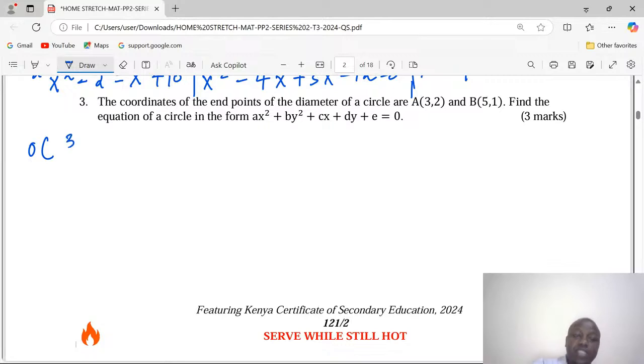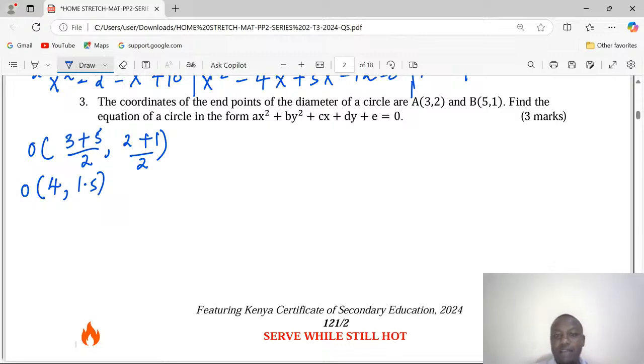We take 3 as the first x, plus 5 as the second x, and we divide by 2. Then for the y coordinate, we take 2 plus 1, and we also divide by 2. So the center O is 8 over 2, which is 4, then 3 over 2, which is 1.5. That is the center.